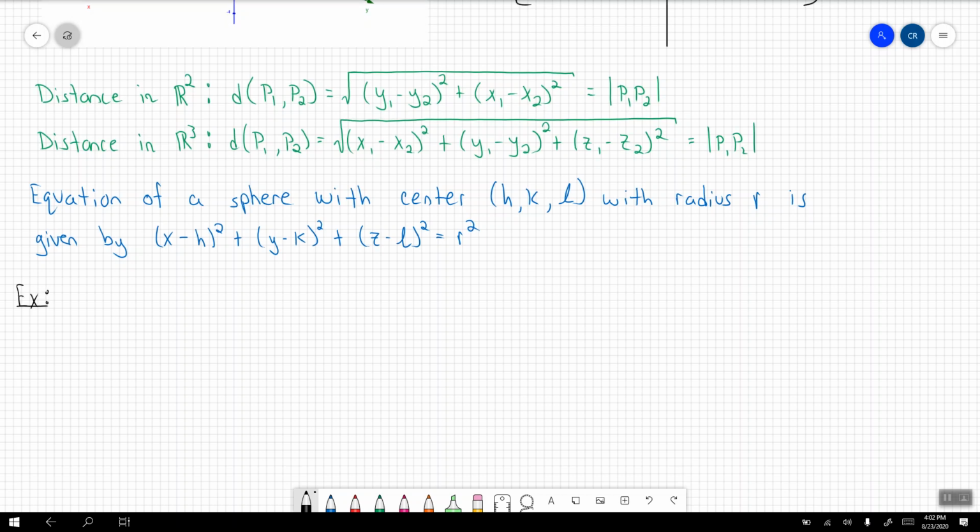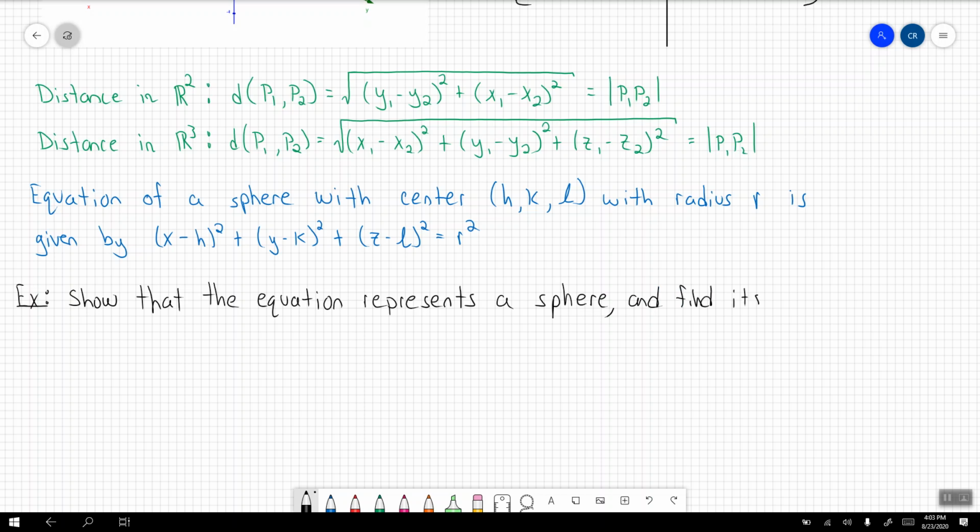So in this example, we want to show that the equation represents a sphere. We also want to find its center and radius.